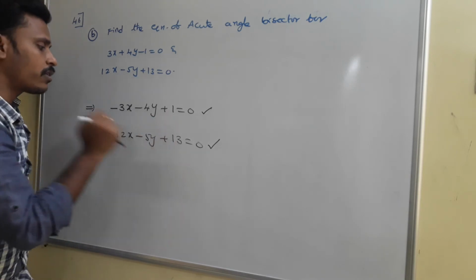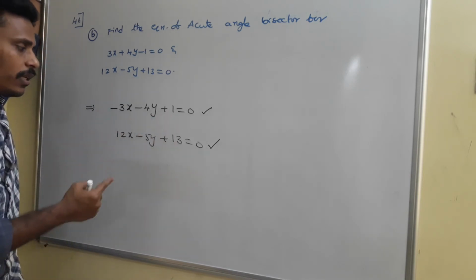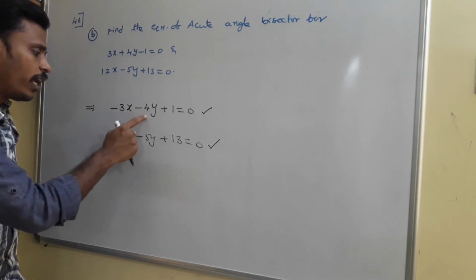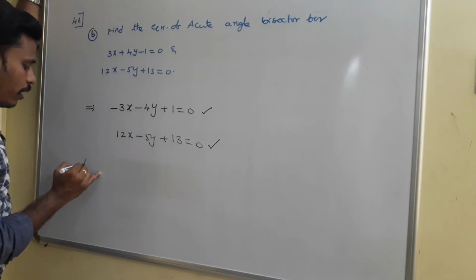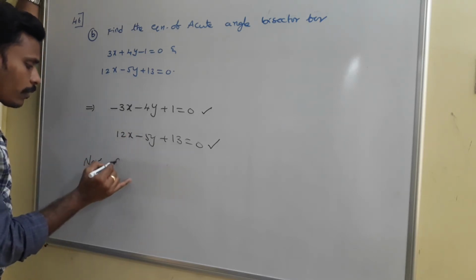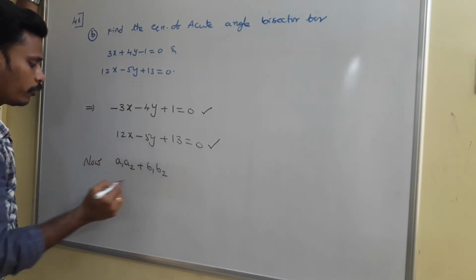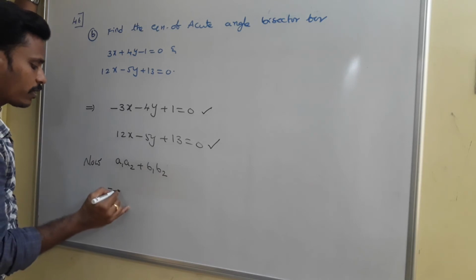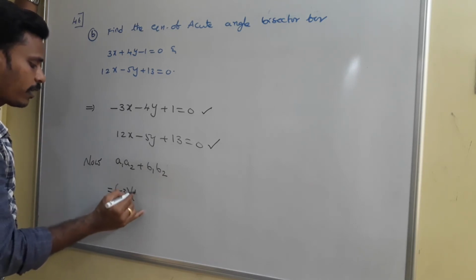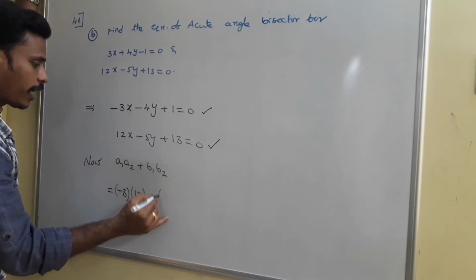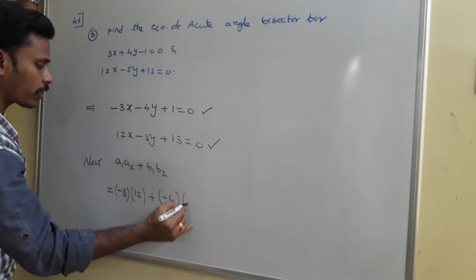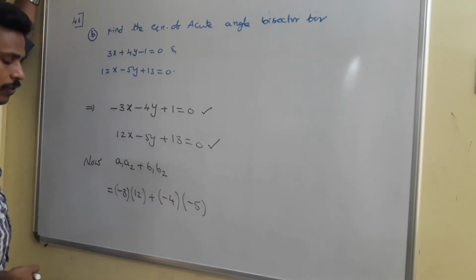Since the constants are positive, as per the theory, now you need to find out A1A2 plus B1B2. A1 is the x coefficient of the first line, A2 is the x coefficient of the second line, B1 is the y coefficient of the first line, B2 is the y coefficient of the second line.